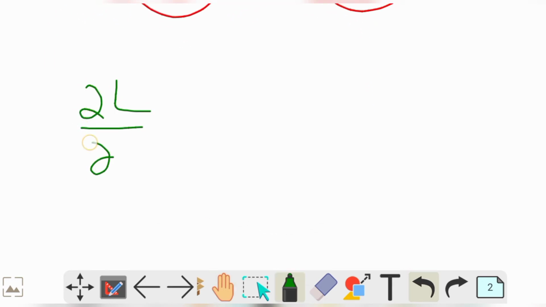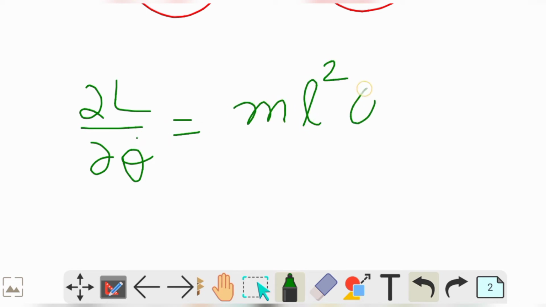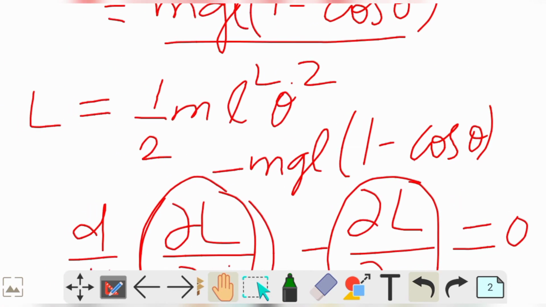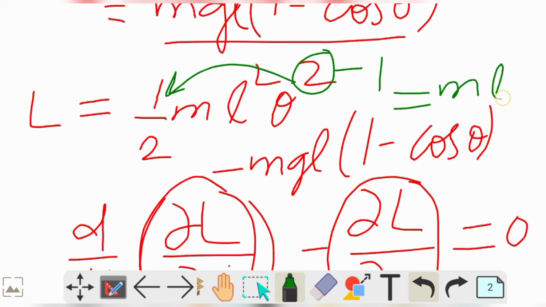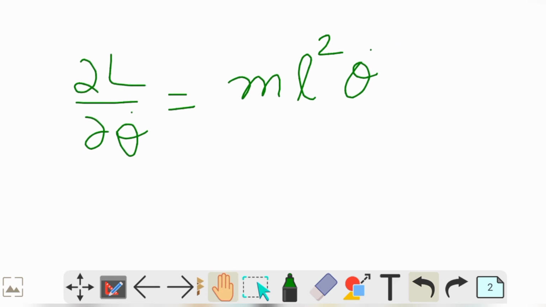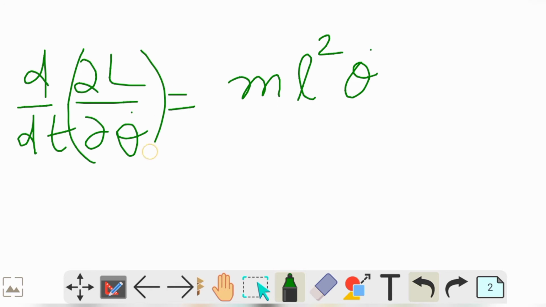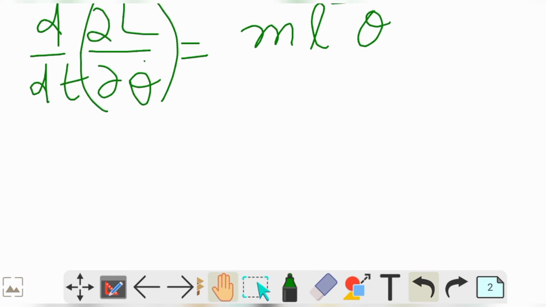Curly L by curly theta dot is m L square theta dot, because in the differentiation the 2 comes down and we get 2 minus 1. Now we have to do d by dt of this, and this becomes m L square theta double dot.